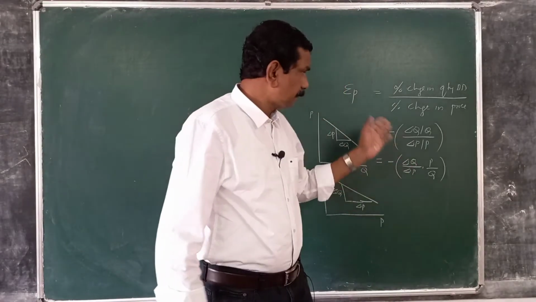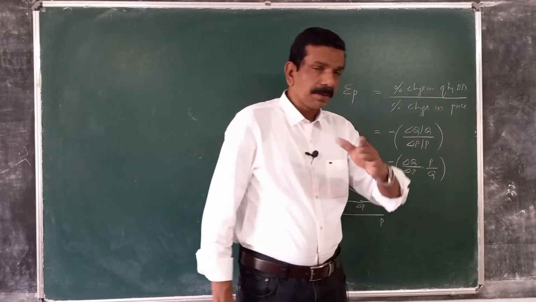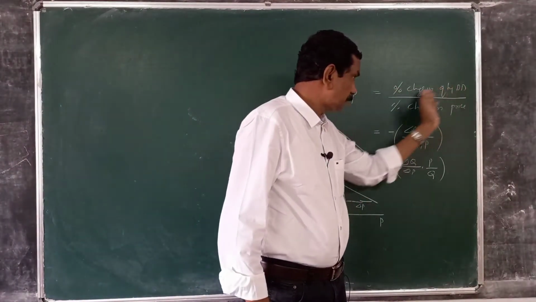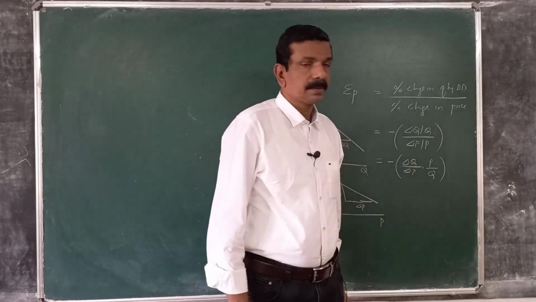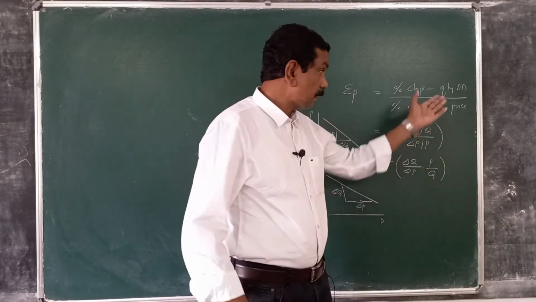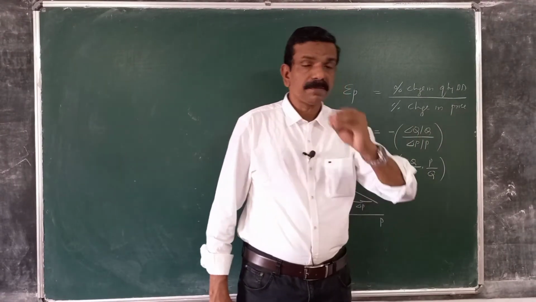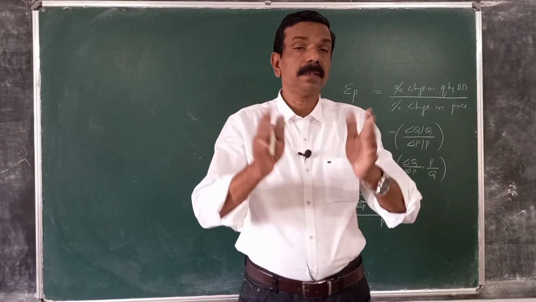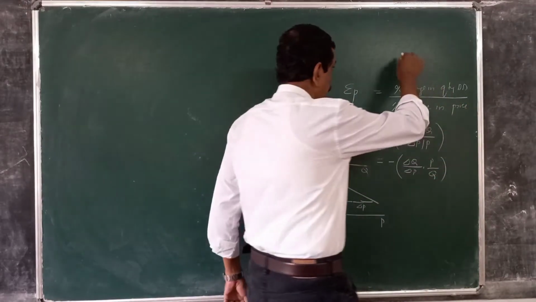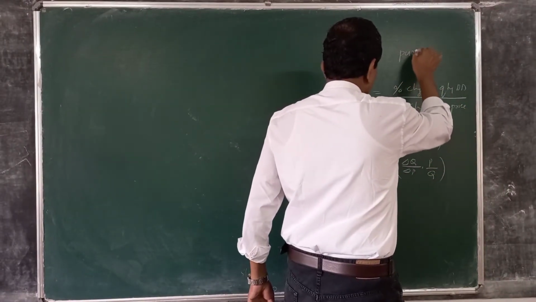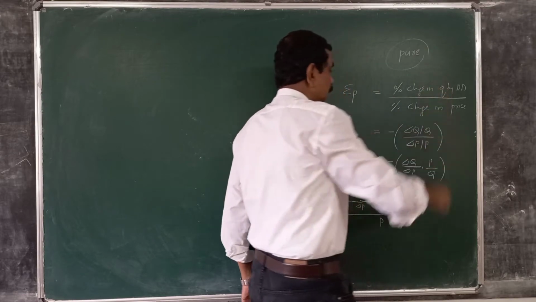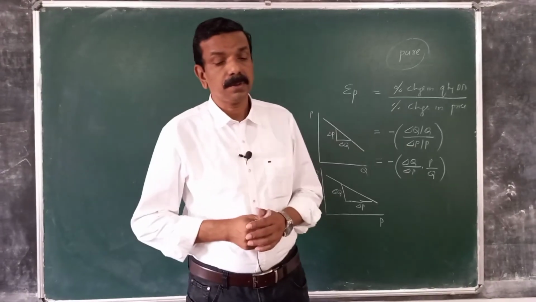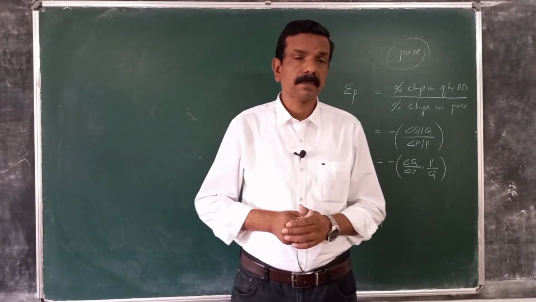So, if we define the responsiveness as relative change in quantity by relative change in price, this relative change is independent of the unit of measurement and it is a pure number. So, elasticity is a pure number independent of the unit of measurement.